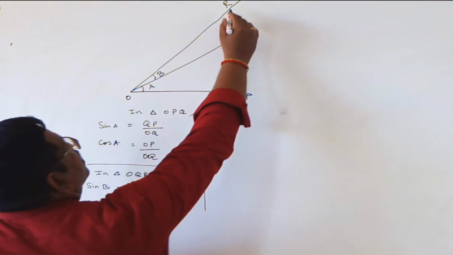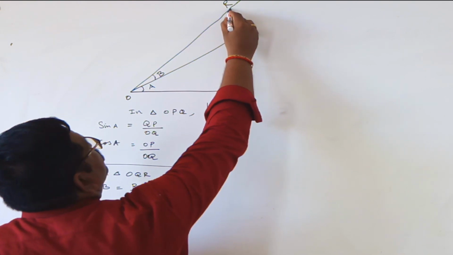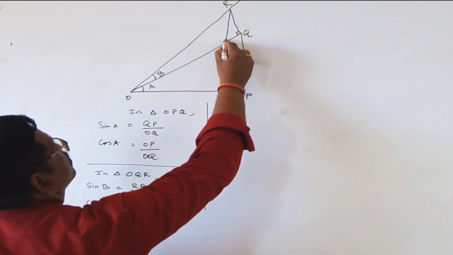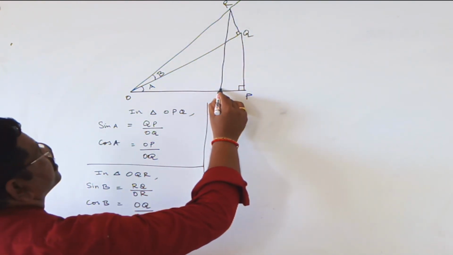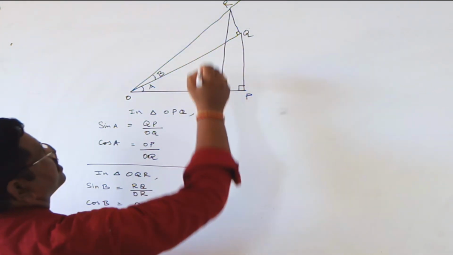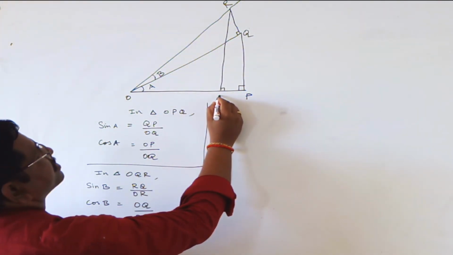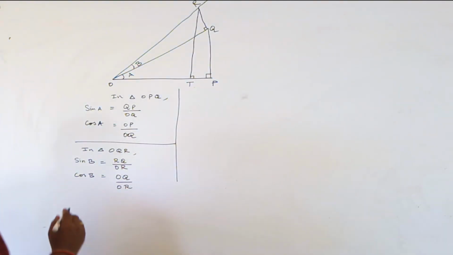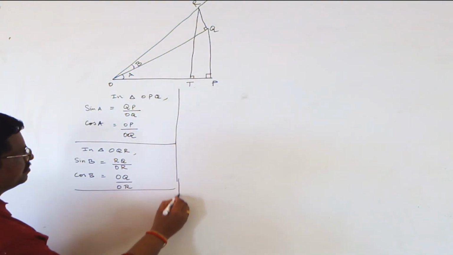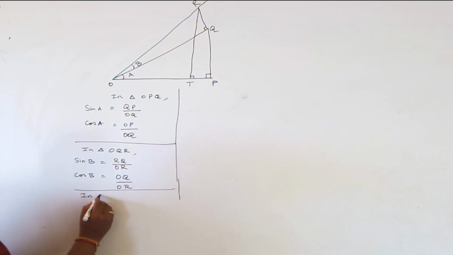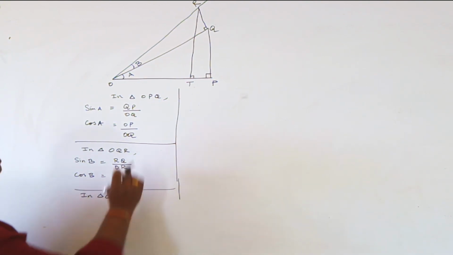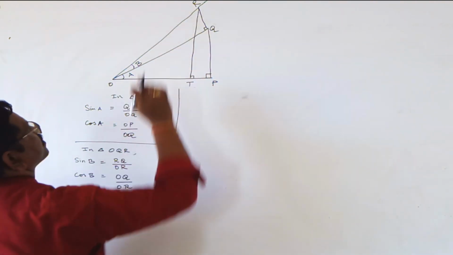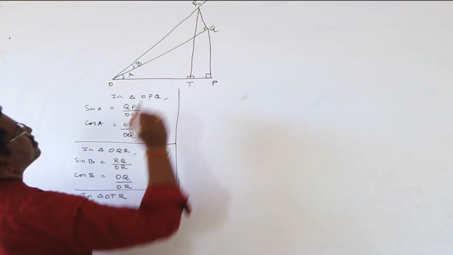For that we are drawing one perpendicular from R to OP. The diagram is not clear, but you can draw it. Say this is T. Now, in right angle triangle OTR, here it is right angle.